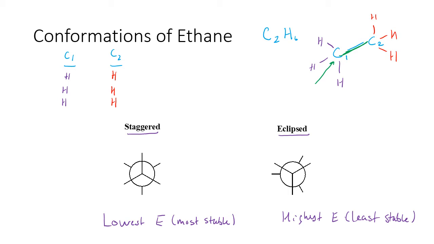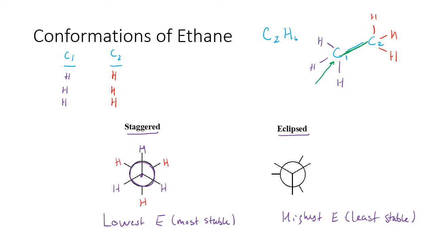So this is our front carbon, and this circle represents our back carbon. And so coming off of our front carbon, we have hydrogen, hydrogen, and hydrogen. And then coming off of our back carbon, in red, we have hydrogen, hydrogen, and hydrogen.